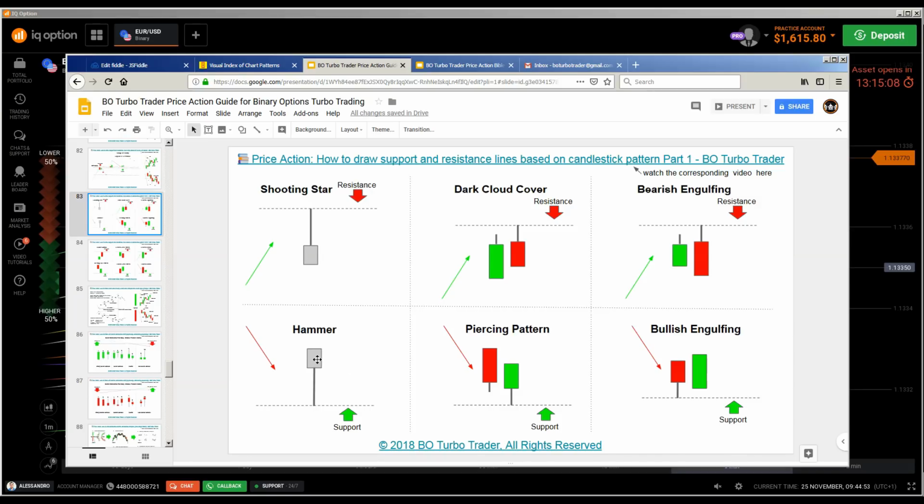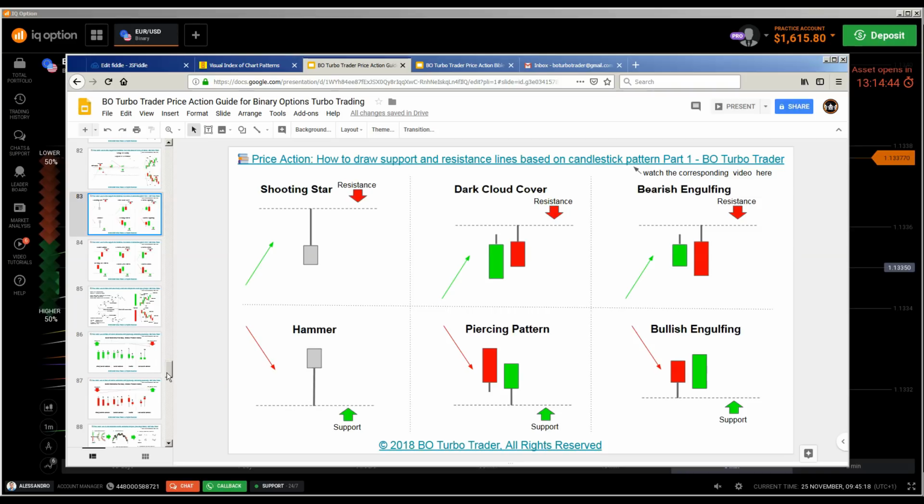The hammer is the same as a dragonfly doji. That is what you should know, and then you know, okay, the lower shadow is the support, the upper shadow is the resistance, and it's almost the same for dark cloud cover, bearish engulfing candle, evening star, blah blah blah, everything the same. The resistance is above, and the support is the lower wicks and the real body. Those are the rules. That is what you should know.